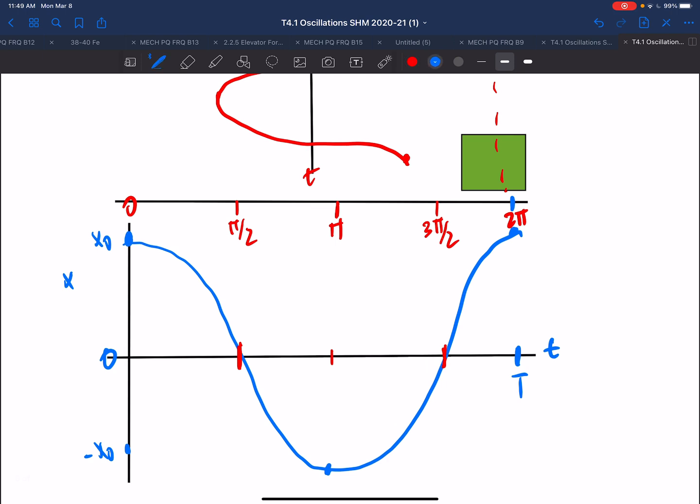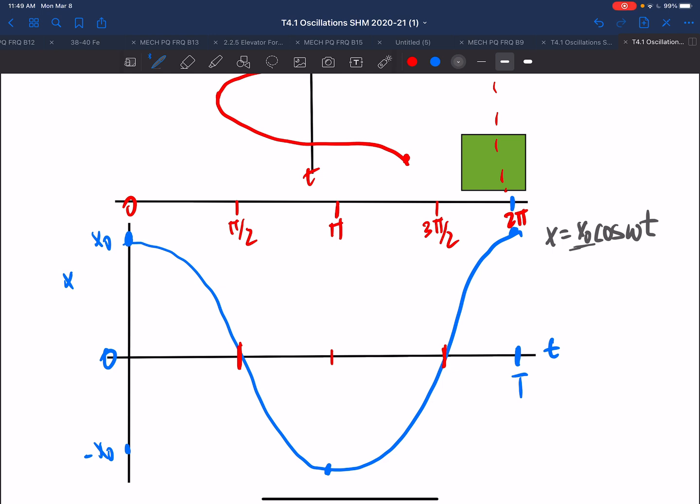Now, you probably recognize that this is a cosine function. So what we could say then is that the position x is given as a cosine function, and the amplitude is x0, the max.